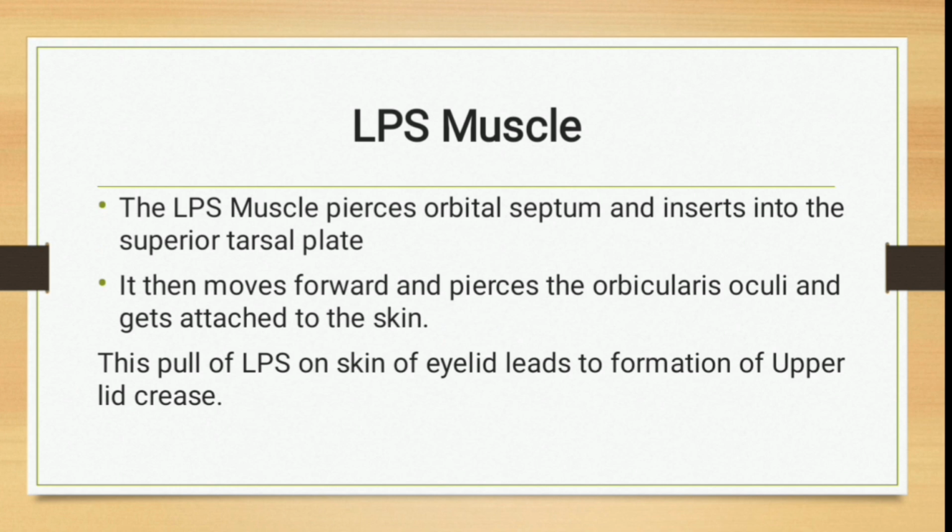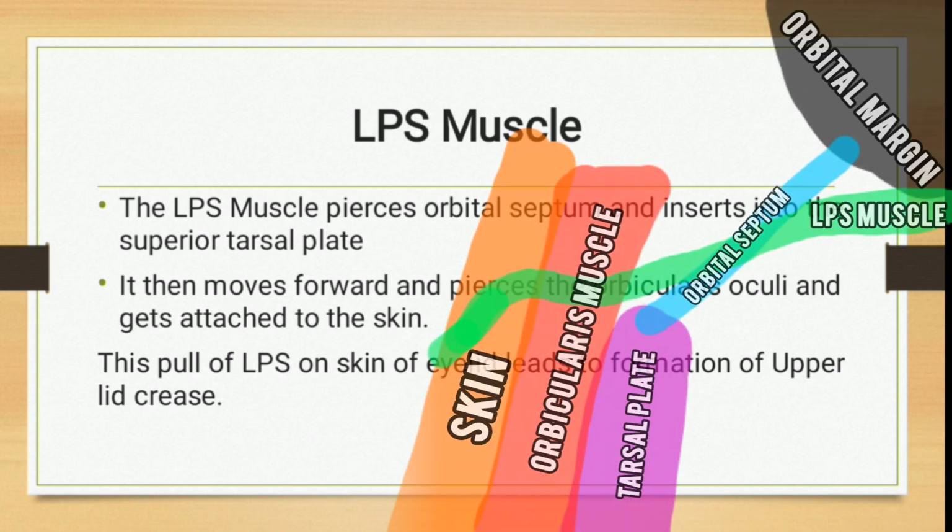The very important thing is that we have said that LPS lies beneath the septum. That is why it pierces the orbital septum, so that it can go to the eyelids, right? It gets attached to the superior tarsal plate, then moves forward and pierces the orbicularis oculi and gets attached to the skin.